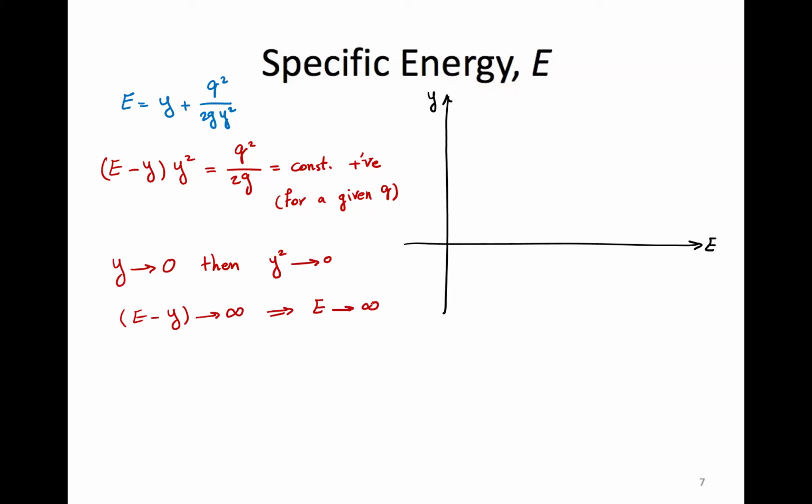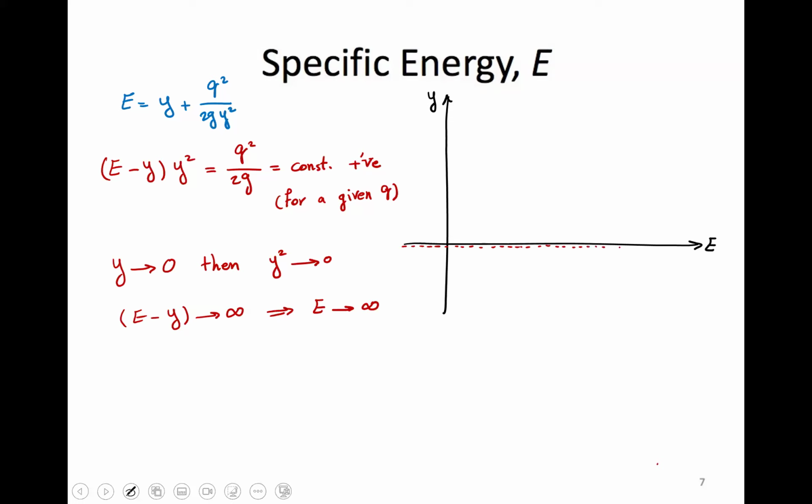Okay, so what does that mean? That means Y equals 0 is a horizontal asymptote of the graph. It's going to be coincident with the E axis, but I'm going to show it a tiny bit below just so that we know it's there. So this is a horizontal asymptote.